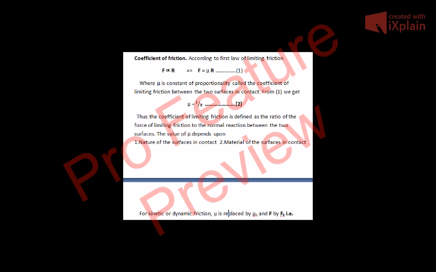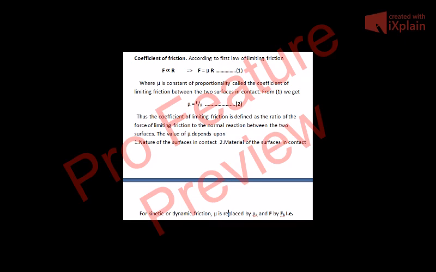So if you are asked to define coefficient of limiting friction or simply coefficient of friction, it is the ratio between F and R, that is the force of limiting friction to the normal reaction between the two surfaces. The value of mu depends upon a few factors, that is the nature of the surfaces in contact and the material of the surfaces in contact.